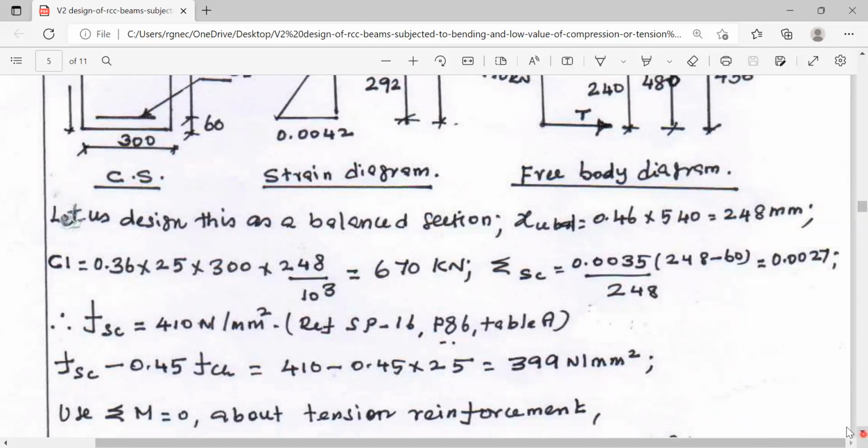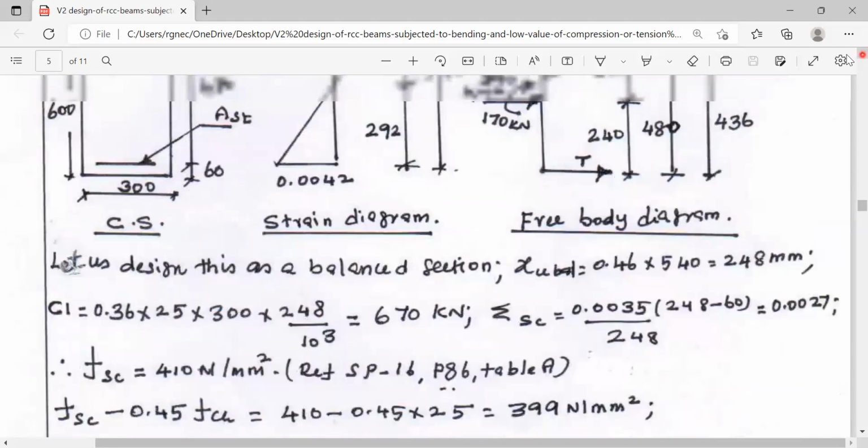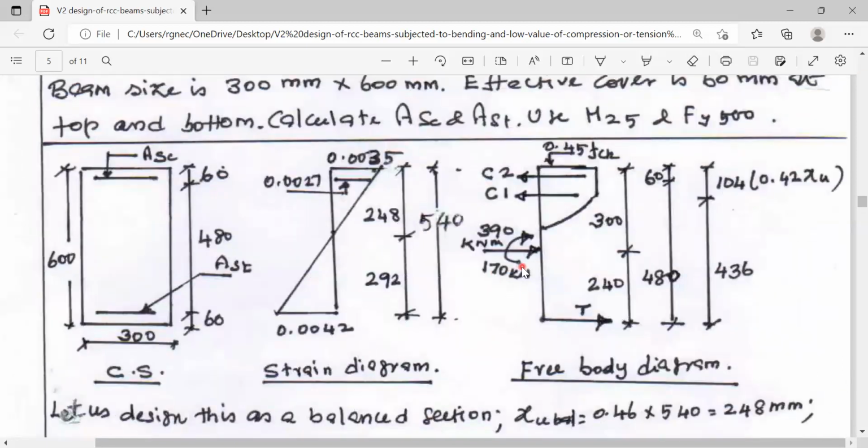Now we will come to the equilibrium equation sigma M equal to 0. The external moment is acting in the clockwise direction. The moment of the external compression, if you take about T, is also acting in the clockwise direction.